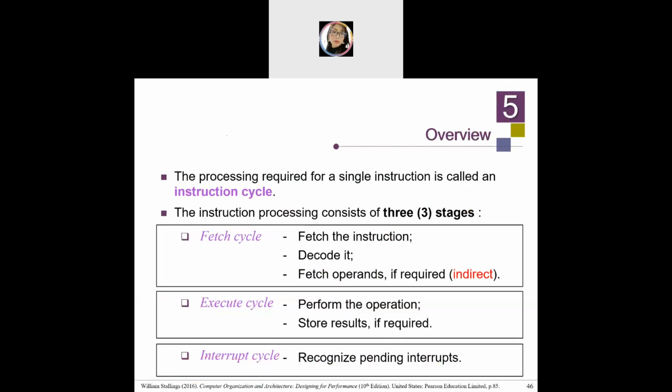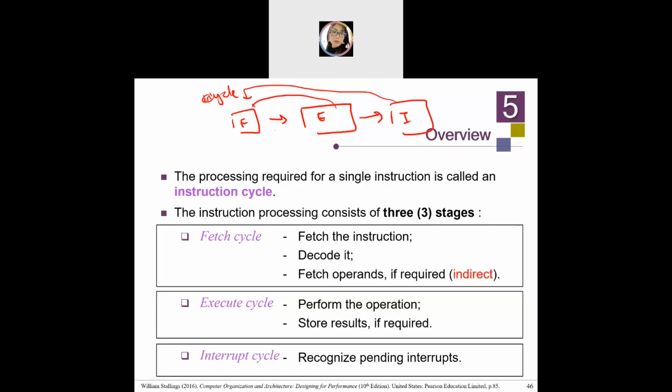Just now, you know, there are 3 stages for the cycle. You have fetch cycle, execute cycle, and interrupt. If you have interrupt, then you can go back. Or if you don't have interrupt, you can go back also.